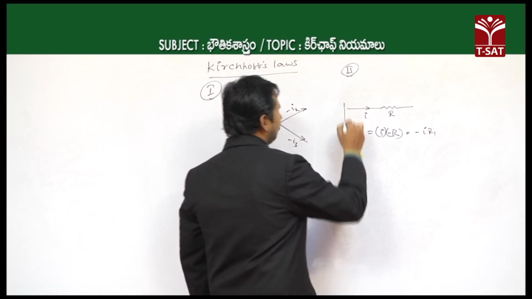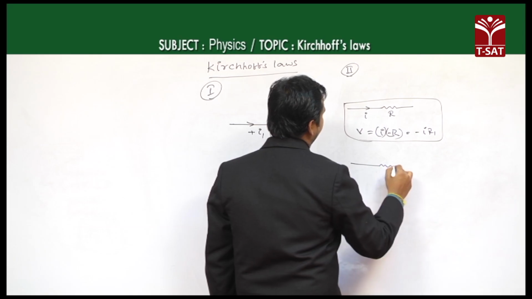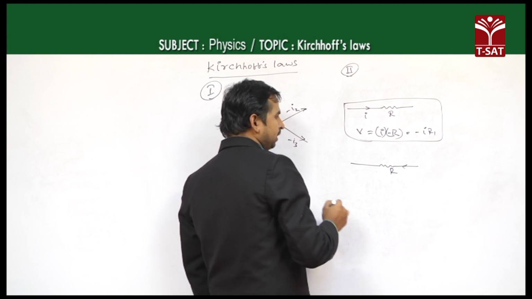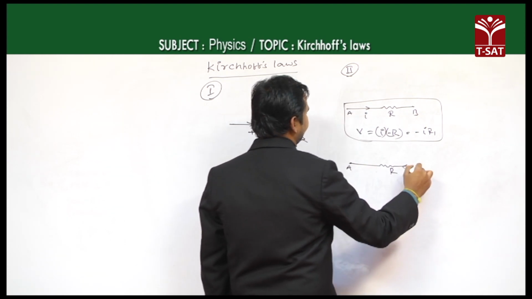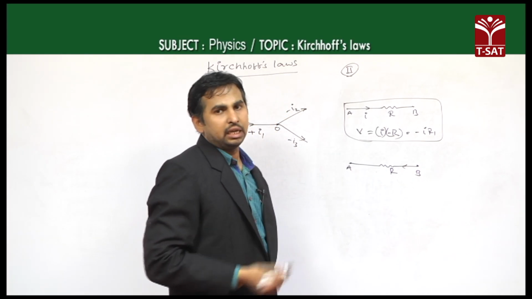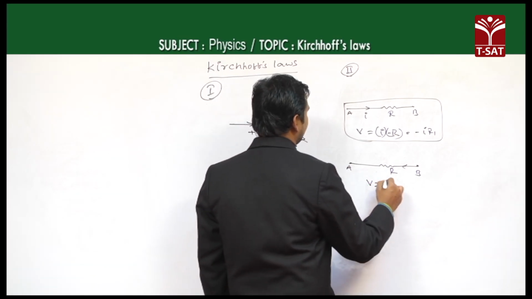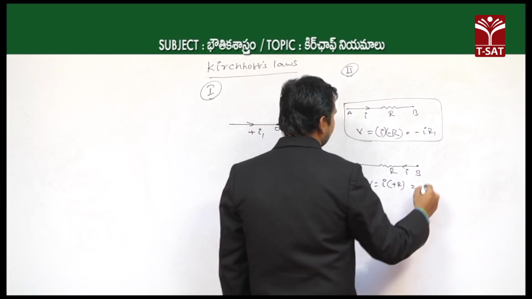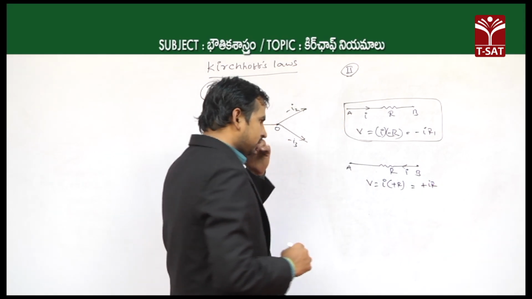Now, if you are going against the current, meaning the direction of travel is opposite to the current, going from A to B like this, then as you are going against the direction of current and the resistance is also opposing the current, you take the value as plus IR.